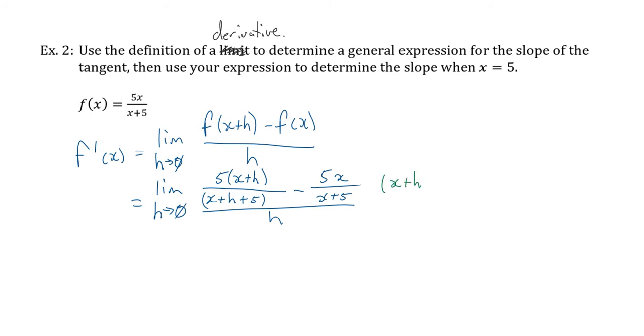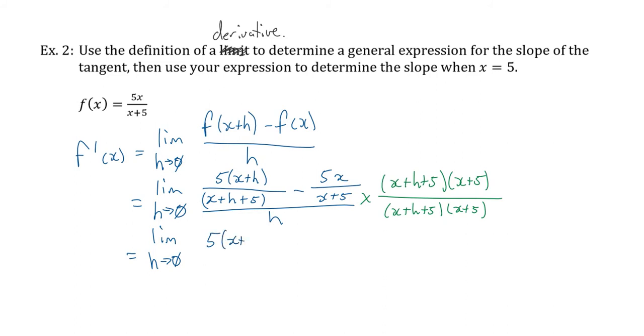So x plus h plus 5 times x plus 5 over itself and multiplying them to clear the denominators on top. So this one, the x plus h plus 5 cancels with that, and I get 5 times x plus h times x plus 5 minus 5x, and the x plus 5's cancel now, times x plus h plus 5.